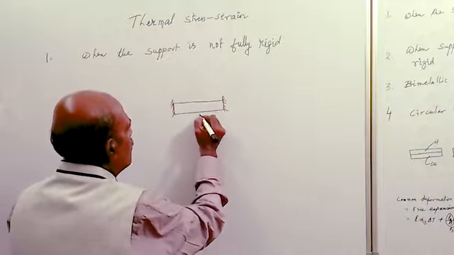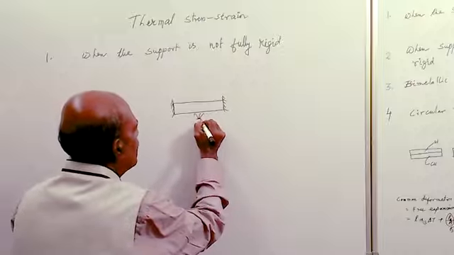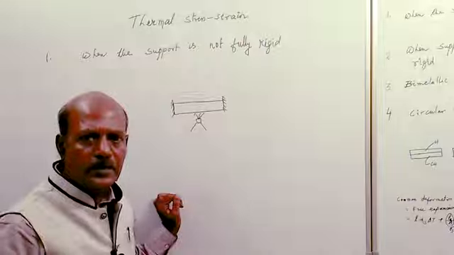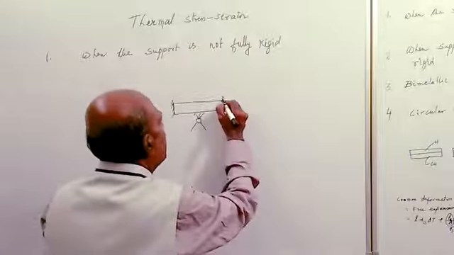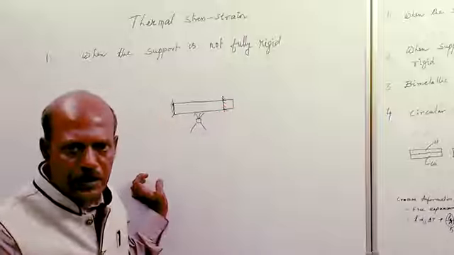Now, this is the left support and this is the right support. Whenever this bar is heated to some temperature, the bar will expand in size. Say this much is the expansion. This is called free expansion.